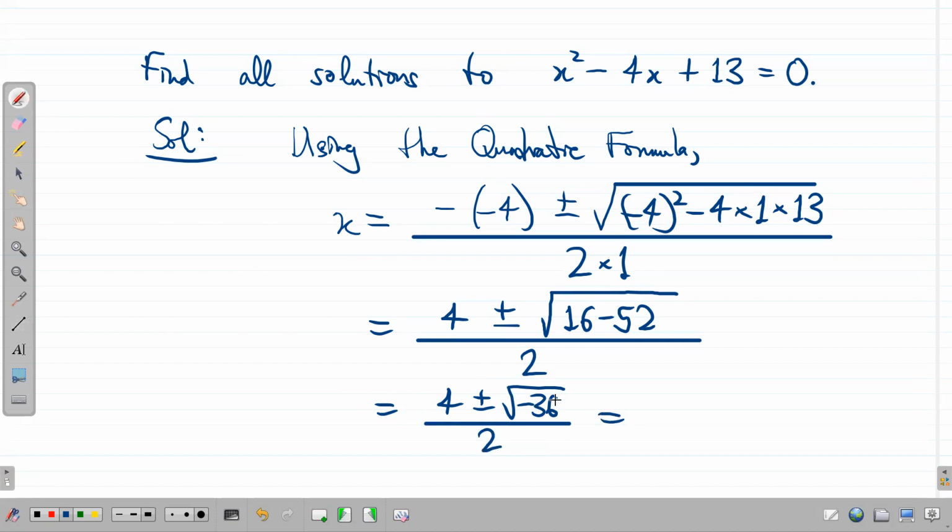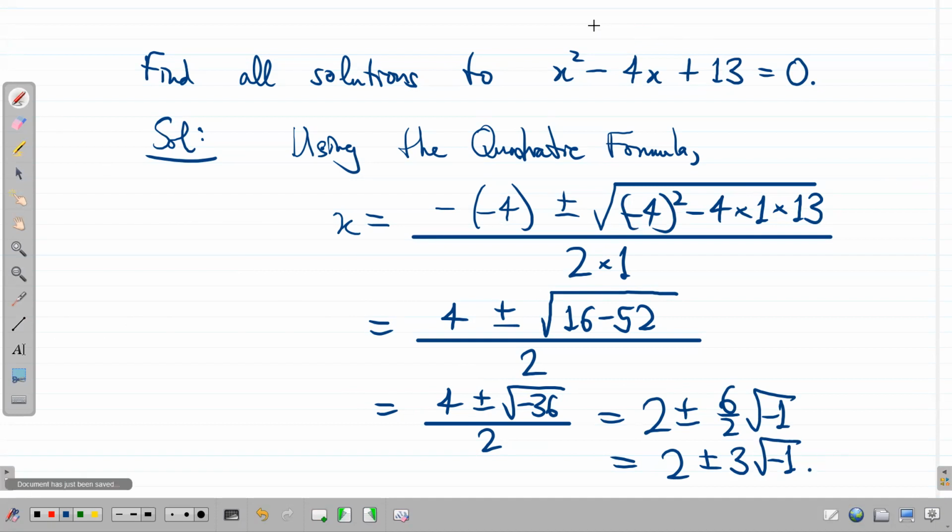And if you take out the 6 from here, because this is 6 squared, you'll get 2 plus or minus 6 over 2 times root -1, which is 2 plus or minus 3 times the square root of -1. No problems, right? That seems fine. Or is it?